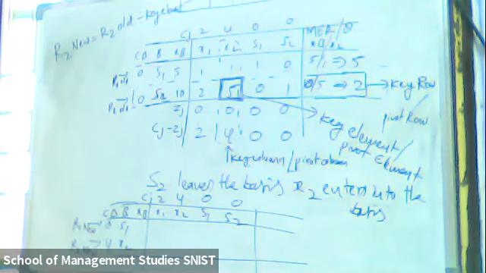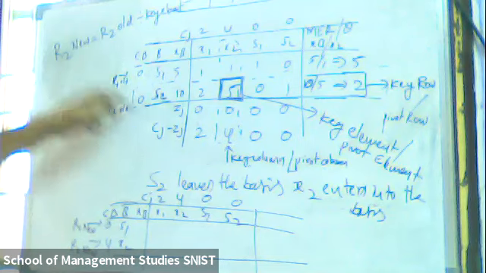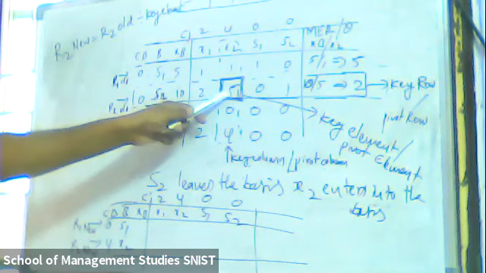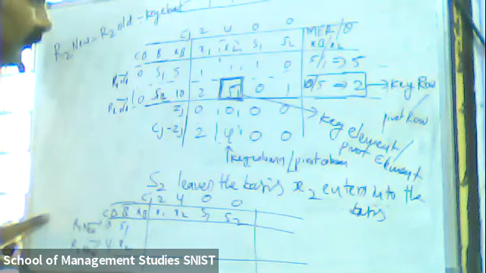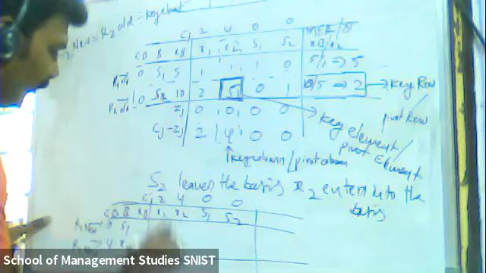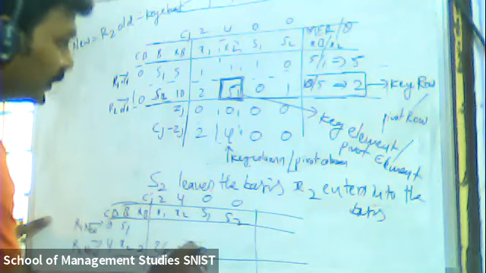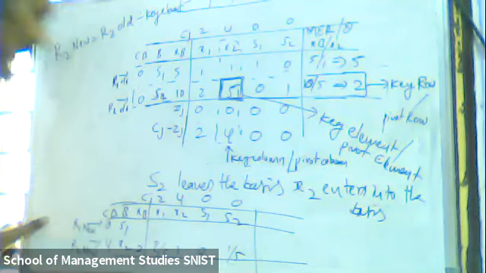Now can anyone tell me the values? R2 old value 10, key element 5. 10 by 5, 2. 2 by 5, I'm writing 2 by 5, 5 by 5, 1, 0 by 5, 0, 1 by 5. Any doubts?